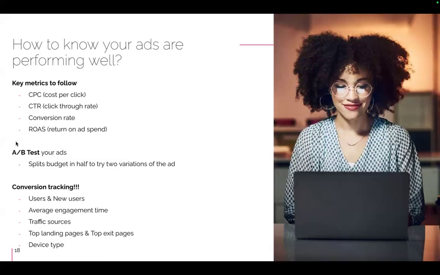Did it come from your ads? Did it come organically? Did it come from your social media? And on what type of device were they, in what country? You can get all of this data through conversion tracking, which will then help you tailor your ads to your audience.